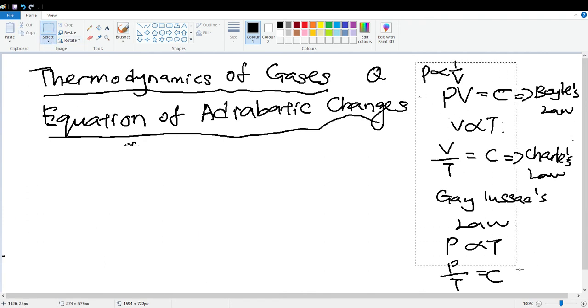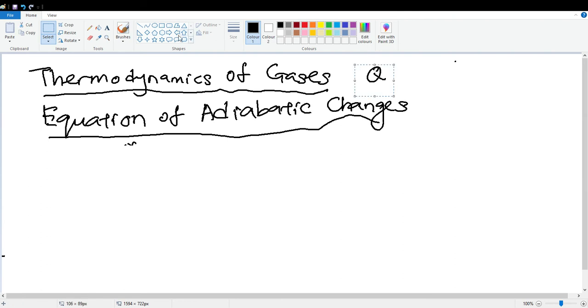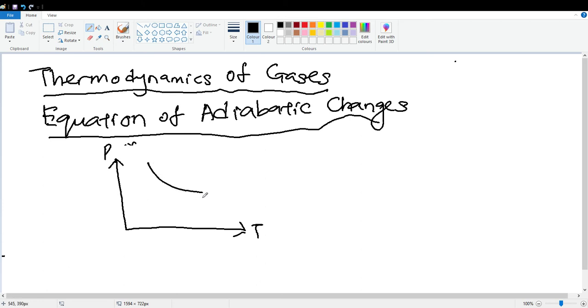Okay, let me erase all this. Let's talk about the graph for adiabatic changes. So I have my PV graph. As I mentioned, this is the graph of the isothermal changes.